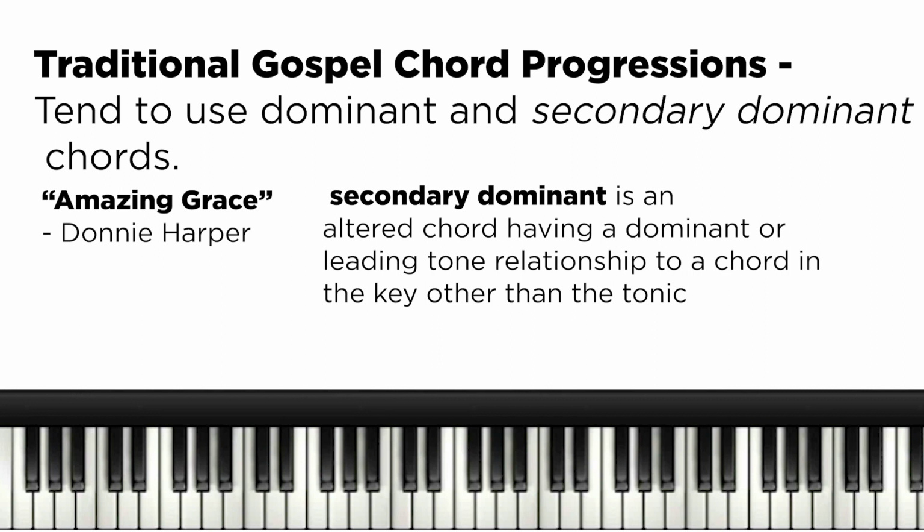So take Amazing Grace. A flat, right? E flat. Something like that, right? And the sound, that saved a wretch like me, right? So the first chord is going to be your 1 chord, and then it becomes dominant, and you go to your 4 chord.